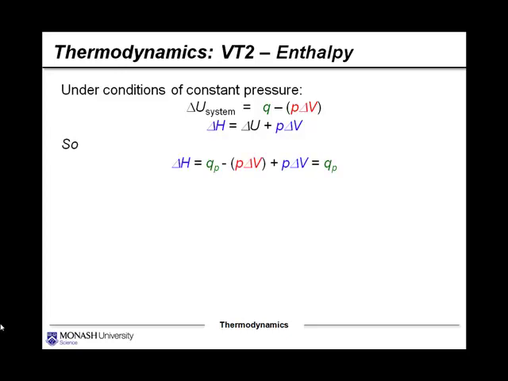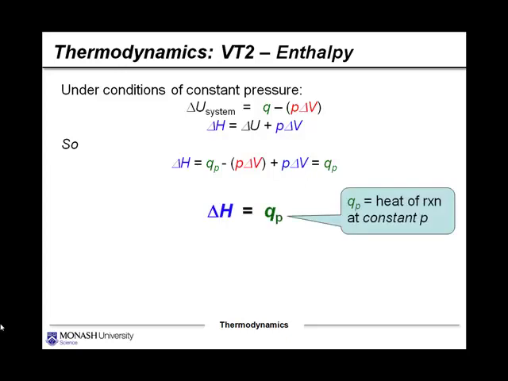You have a minus P delta V and a plus P delta V. So they cancel, and you get delta H equals the heat of the reaction at a constant pressure. Okay? The proviso, of course, is that the volume of the system can change, and that's probably true for 99.9% of reactions. In other words, where I'm going with this, folks, is that enthalpy is a more practical thing that we can measure in a laboratory than changes in internal energy, unless we were using a bomb calorimeter.